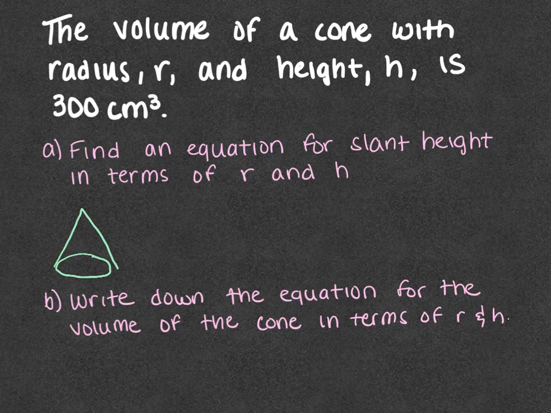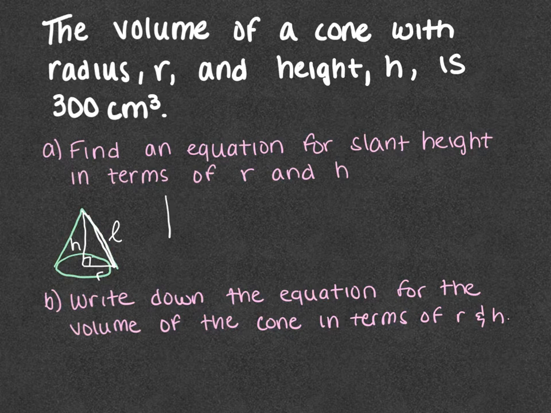So this is what a cone looks like. Go ahead and label in your radius and your height in your cone. So for me, this would be the radius, this would be the height, and this part right here would be the slant height.